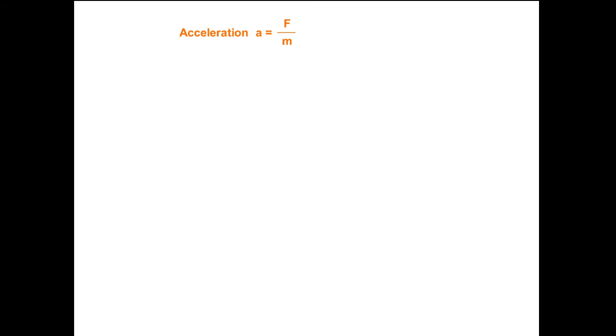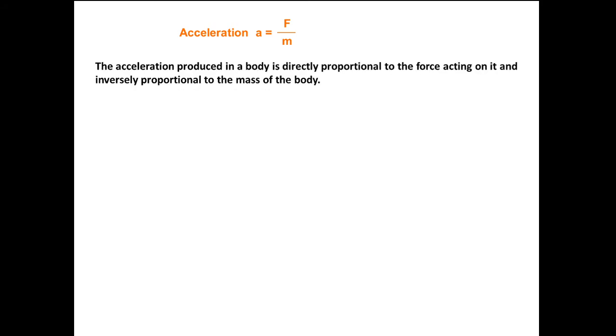From the second law, we can say acceleration is F by m. The acceleration produced in a body is directly proportional to the force acting on it and inversely proportional to the mass of the body. If we hold a pen in our hand, the gravitational force on the earth due to the pen and the gravitational force on the pen due to the earth are the same.